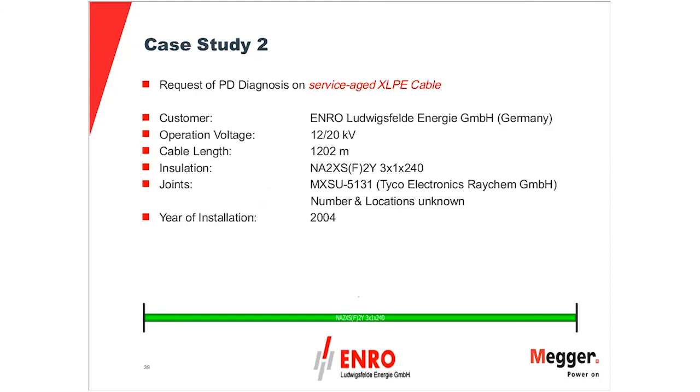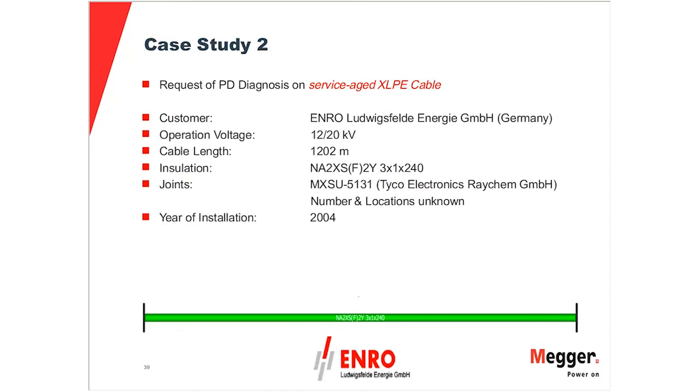Now, going further, case study number 2, there was a request for a diagnostics measurement. This is the customer, cable details, and so on, year of installation and total length of cable.